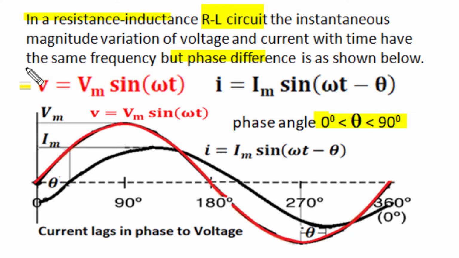The voltage is a standard sinusoidal signal and current lags by an angle theta as shown by this black wave, and identical phase conditions of voltage and current will occur at different timings or phase positions, or current will achieve the same position as voltage after theta phase difference.